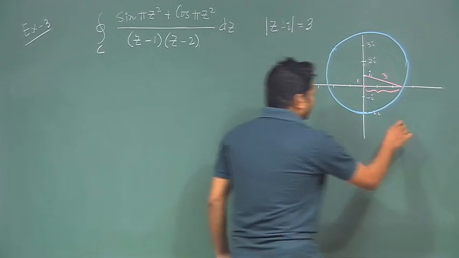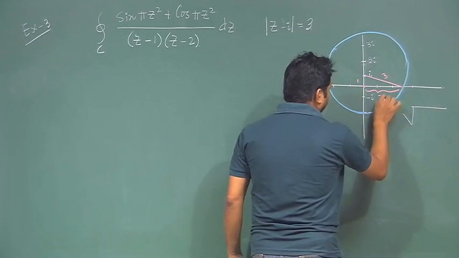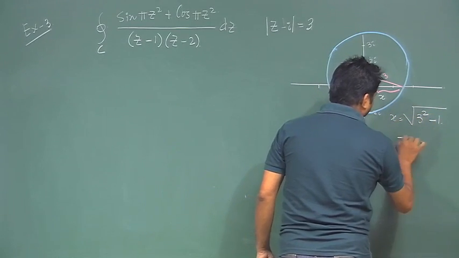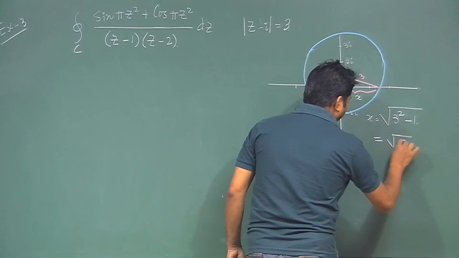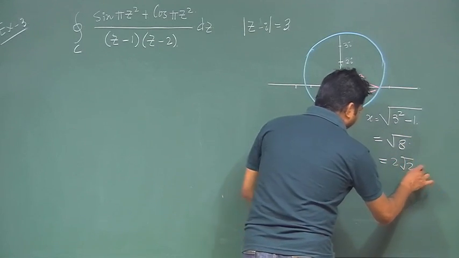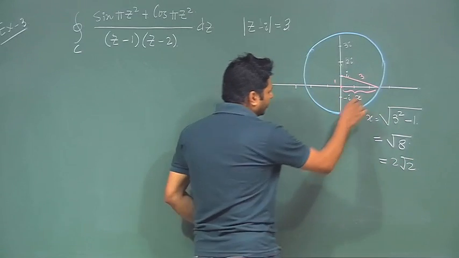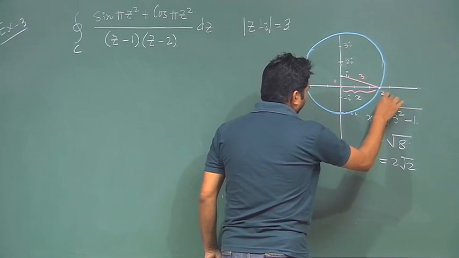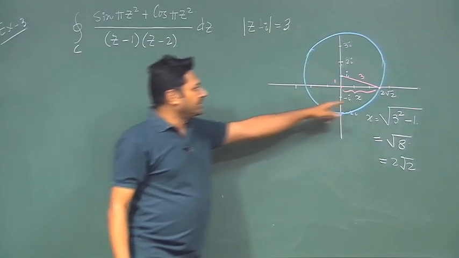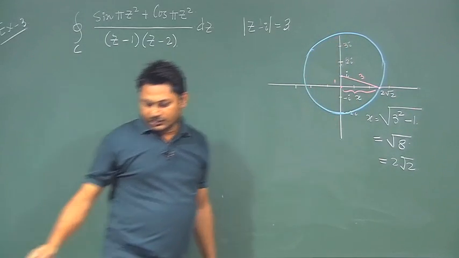So x is 3 square minus 1, so it is root over 8, that is 2 root 2. That means this quantity up to here is 2 root 2. So, obviously minus 1 and minus 2 should be inside this, that is what we just figured out.